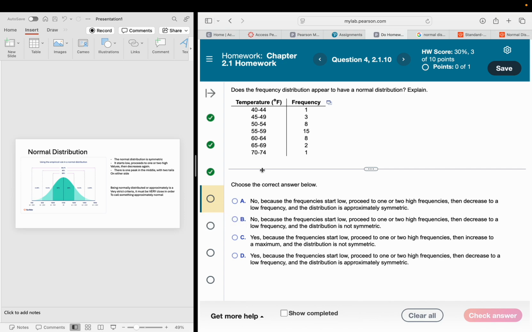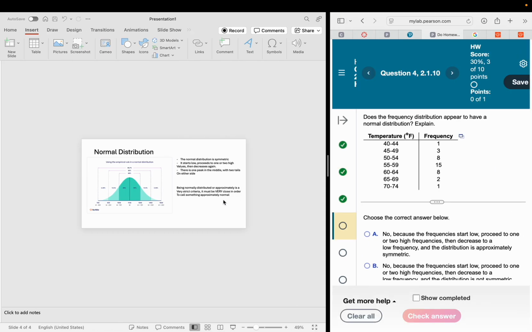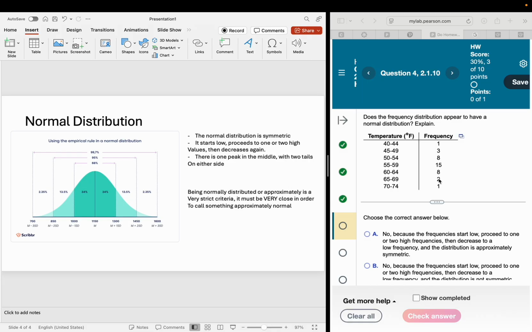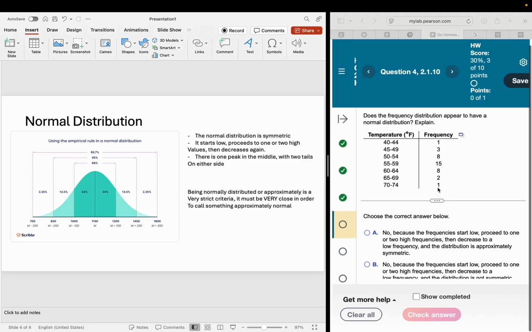It's going to be a little bit nitpicky and a little bit troublesome. Now this question, by counterexample, you can see it's not exactly perfect, and that's why I'm using some choice wording there, that it needs to be very close in order to call something normal. And this one's only off by 1, right? This is 3, this is 2. Other than that, it's an exact match.